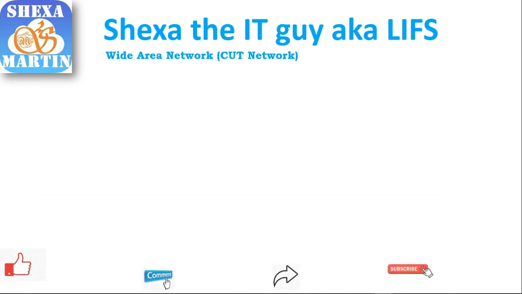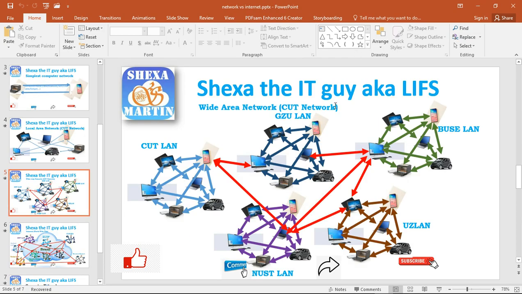Now, wide area network. Let's look at it like this. We have our local area network at CUIT, and now think about it. University of Zimbabwe, UZ, has got the same kind of network, which is their local area network. And then we have Bindura University, we have NUST, we have GZU. I'm just talking about universities because we are all familiar with university setups. There's an error here, it must not be CUIT network here.